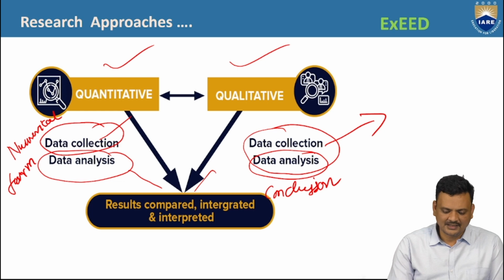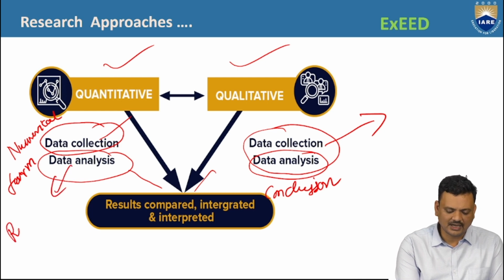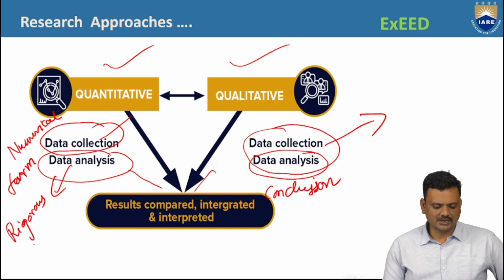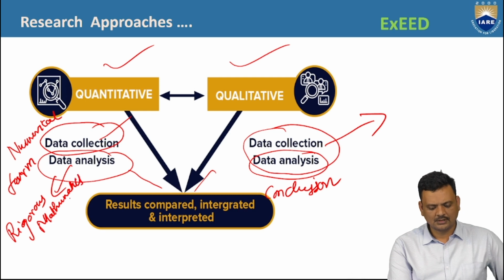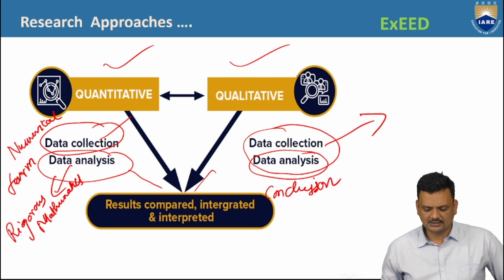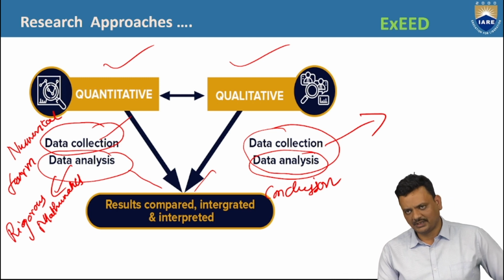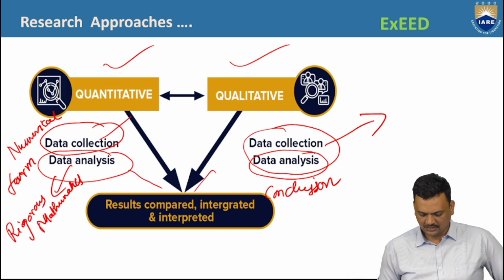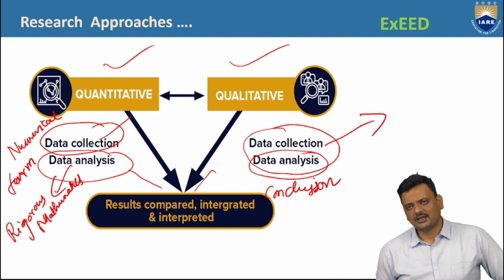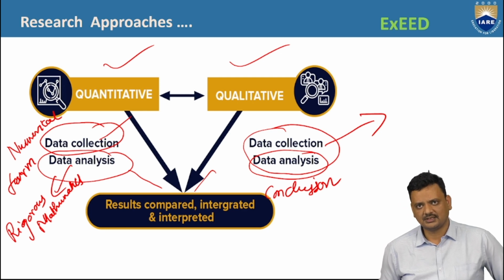In the quantitative approach, data analysis involves rigorous mathematics. Here, in the qualitative approach, there is no need of rigorous mathematics for data analysis. Okay, so that is the symbolic way of defining the research approach, quantitative and qualitative. Okay.